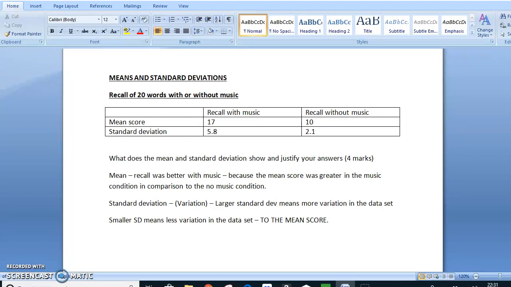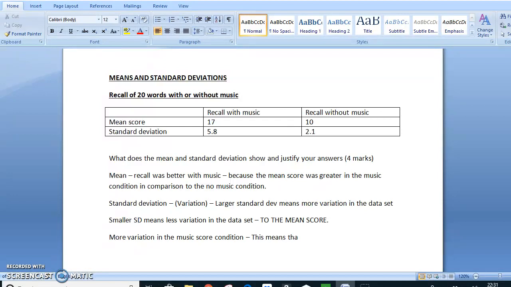Now specifically, let's look at the results. We can see it's 5.8 for the with music condition and 2.1 for the without music condition. So again, looking at that information, it's quite clear that the larger standard deviation is for music, so that means more variation in the music score condition.